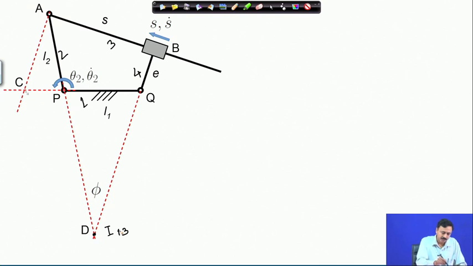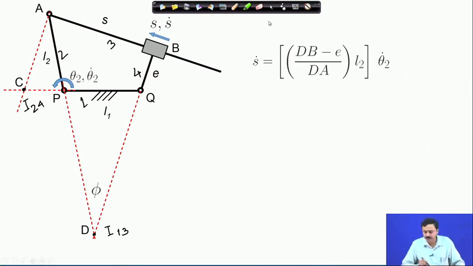So, this is I 1 3 and this is I 2 4 indicated by point C, and using these instantaneous centers we had determined the input output velocity relations, or the velocity relations between the expansion rate of the actuator and the angular rate of link 2. So, I have written it out here. Here dB and dA are these distances which you can see on the figure.